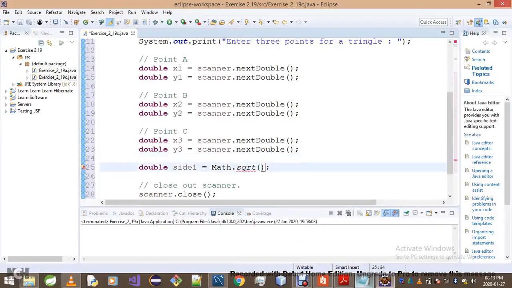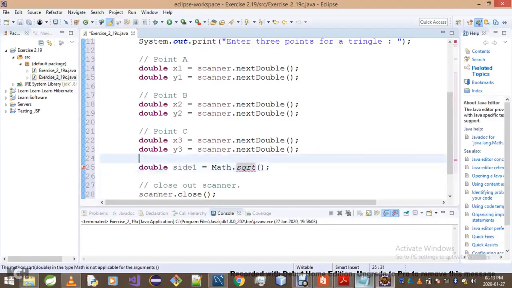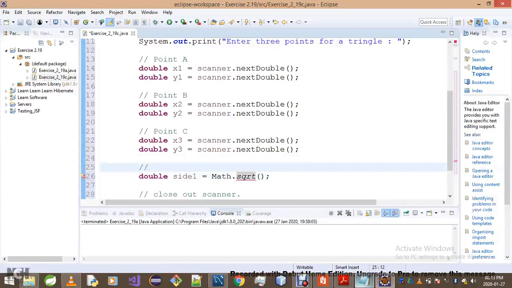Side 1 is actually, let me comment this, a distance between A and B. So it's gonna be the square root of x2 minus x1 plus y2 minus y1.